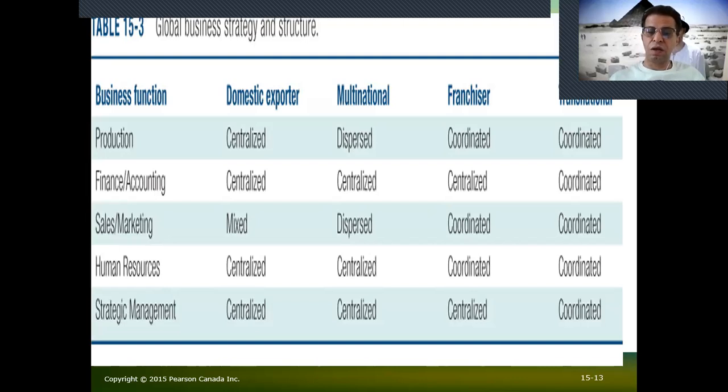If we look at human resources, in the domestic exporter it is centralized. In the multinational, also centralized. In the franchise, coordinated, and in the transnational, coordinated. So each business function depends on the business strategy, and the global business strategy will define how you best practice to operate.